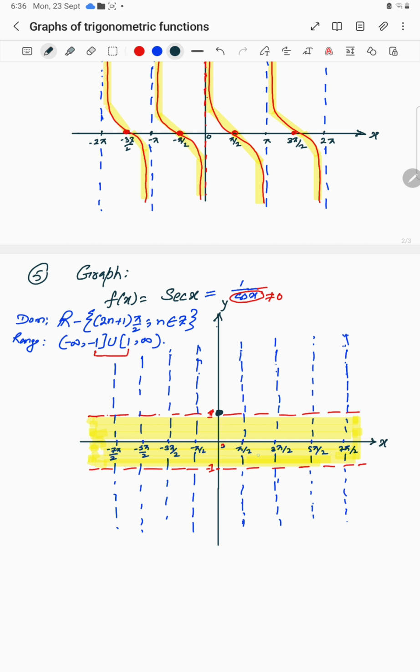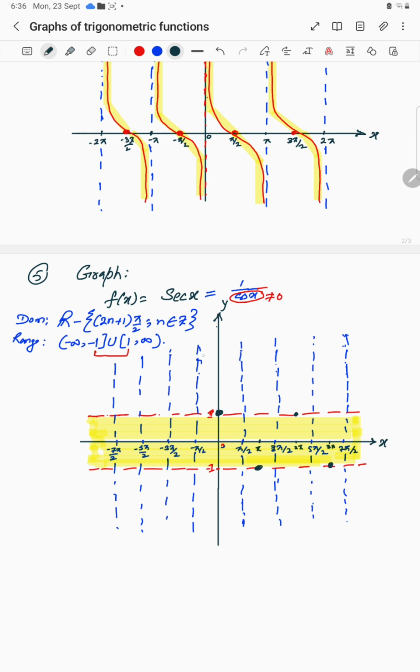And at pi by 2 it is 0, so here 3 pi by 2, and pi is here, 2 pi, 3 pi, and so on. At pi it will be minus 1, so we can put it here, and at 2 pi it will again be 1 here and minus 1 here.